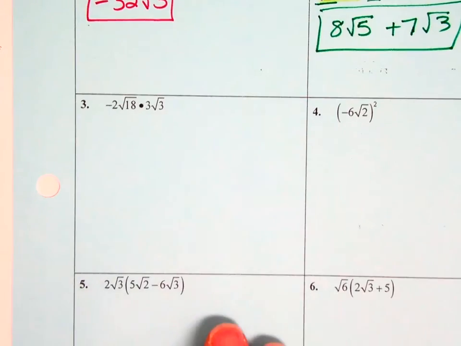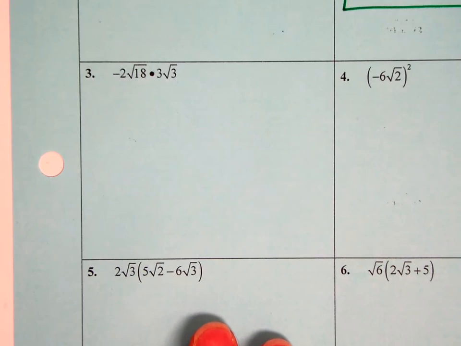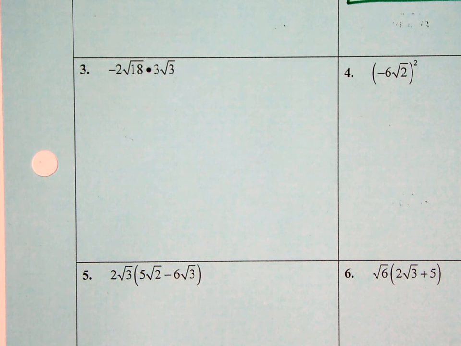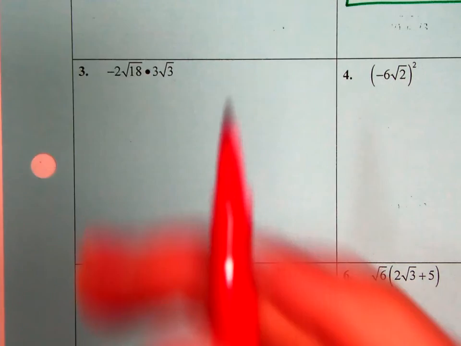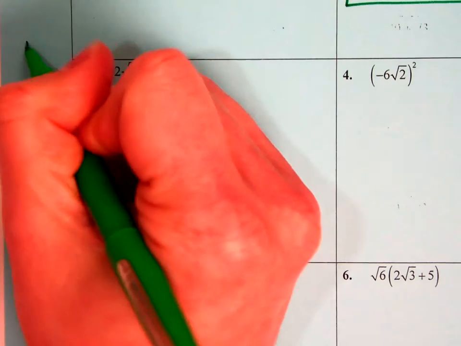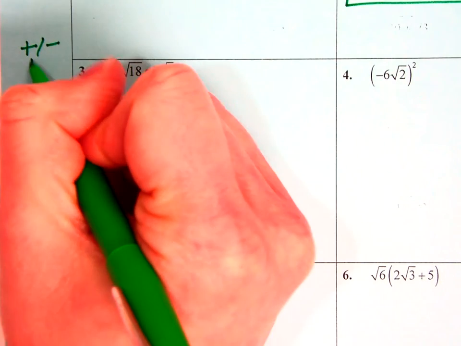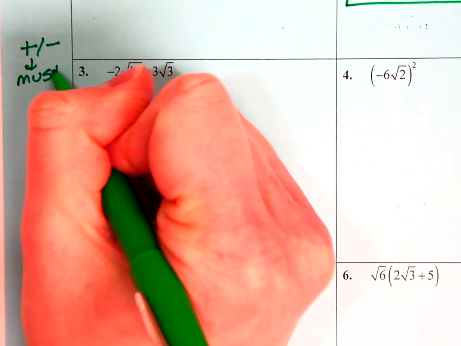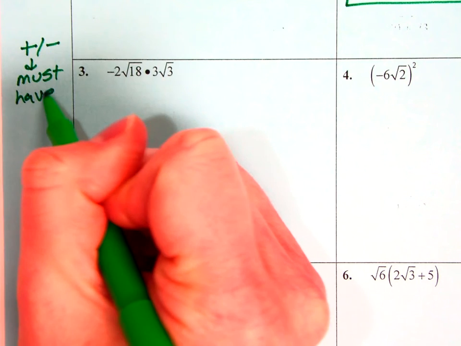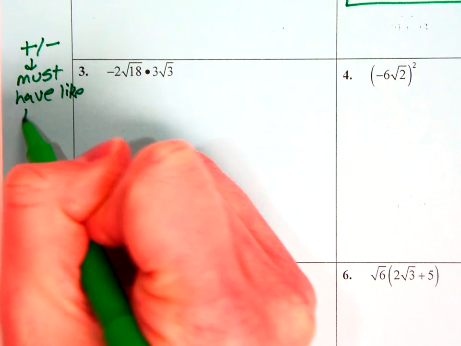Now remember, the big thing is there's a big difference between what you do when you multiply and what you do when you add and subtract. So when you add and subtract, you have to have like terms. So remember that. If we add or subtract, we must have like terms.